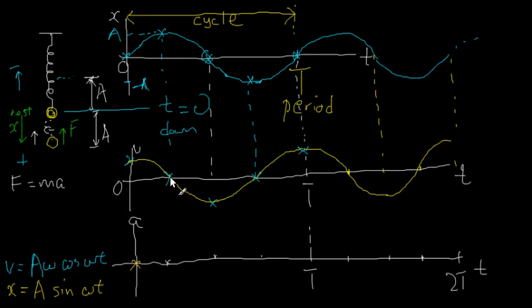So the gradient is negative, and as you go from there to there, you see that it's getting steeper and steeper, and after that it gets less steep again. It gets more gentle again. So that is a maximum. That slope has a maximum magnitude, but it's in the negative direction. So therefore, the acceleration is a negative value. Negative maximum.